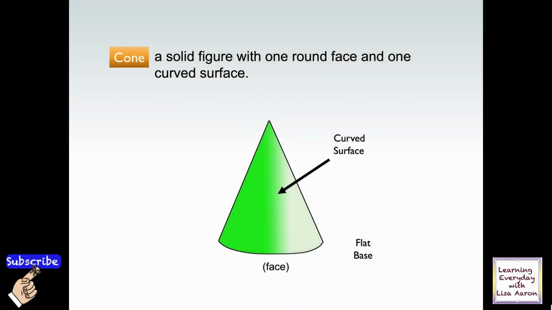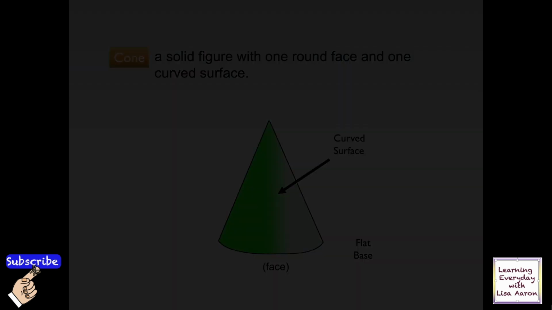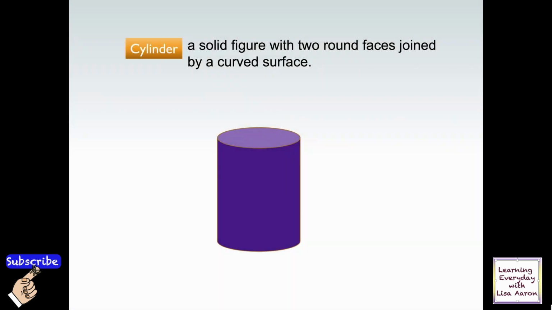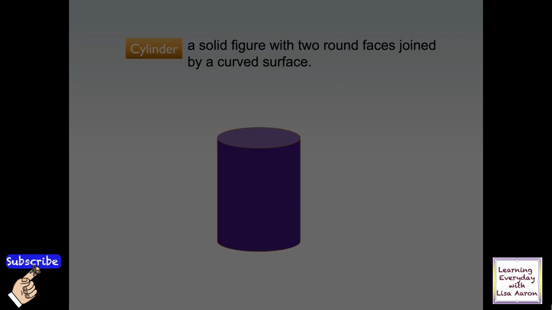Definition: cone, a solid figure with one round face and one curved surface. There's the curved surface, and at the bottom there's a flat base, but it's also a face. Definition: cylinder, a solid figure with two round faces joined by a curved surface.